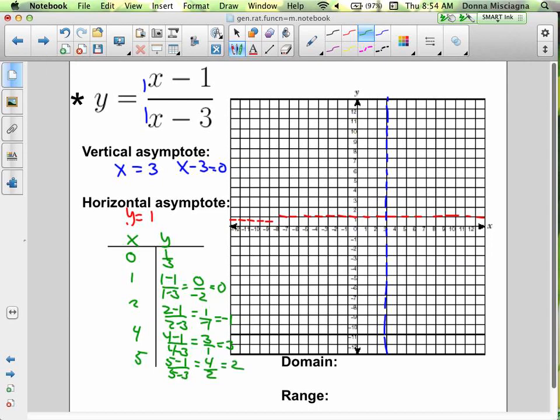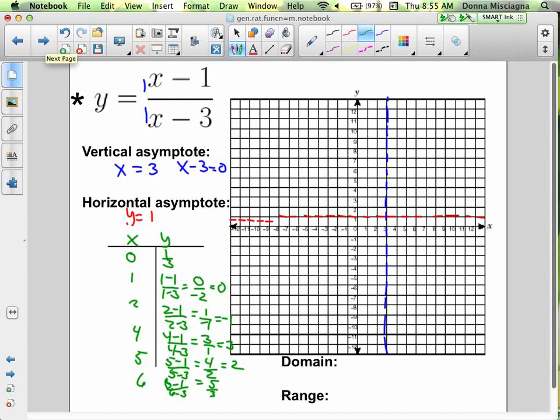They're all integers. And the last one, we'll take 6. 6 minus 1 over 6 minus 3. Another good choice. Well, not as pretty. Our luck ran out on the integers. So we have 5/3.